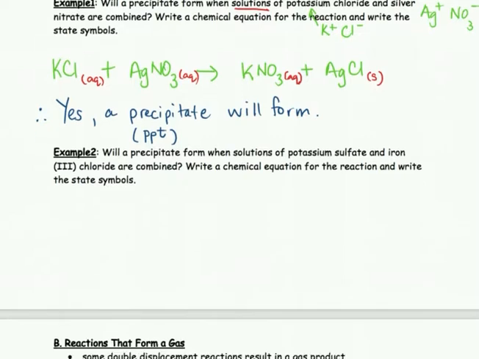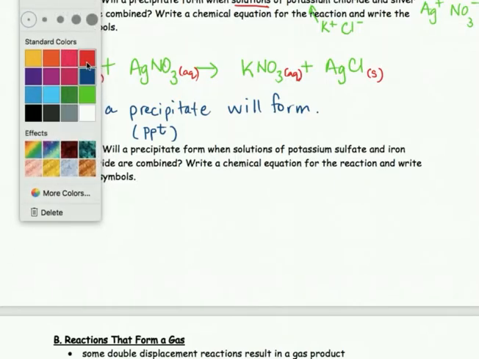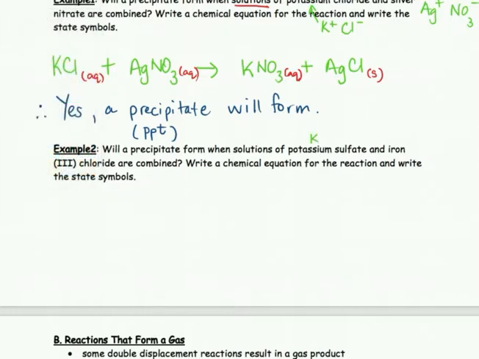Let's go to example 2. Will a precipitate form if solutions of potassium sulfate and iron(III) chloride are combined? Again, you need to build your chemical equations, so you need your nomenclature. There's potassium, here's sulfate, and here's iron(III) chloride.